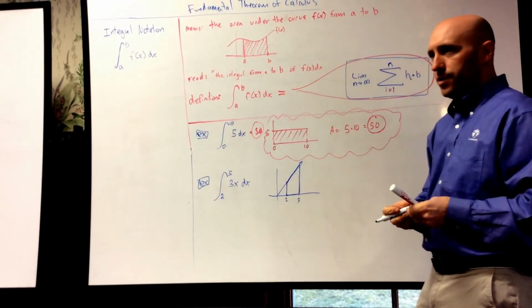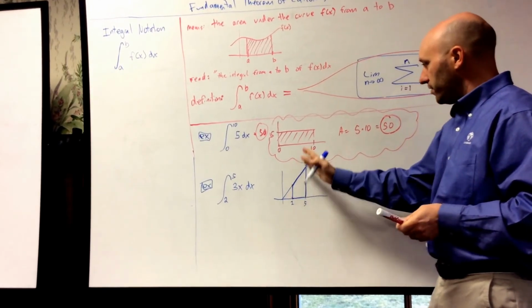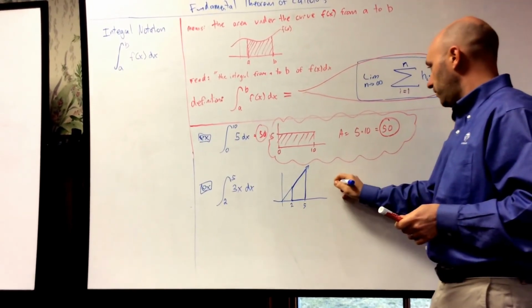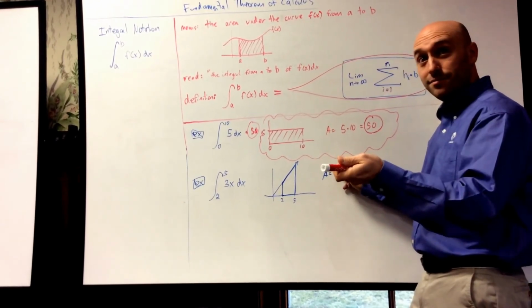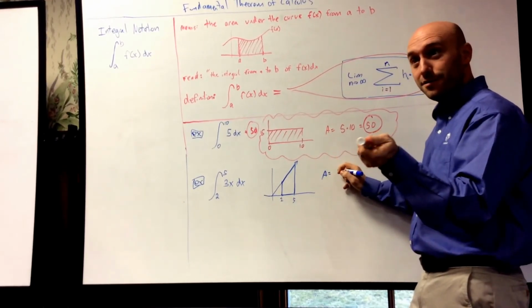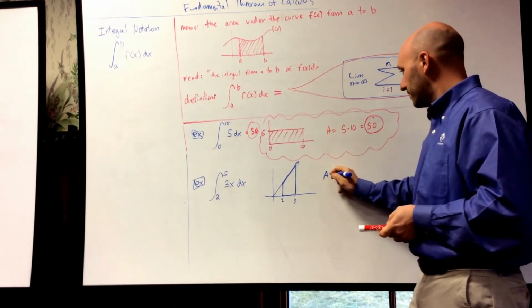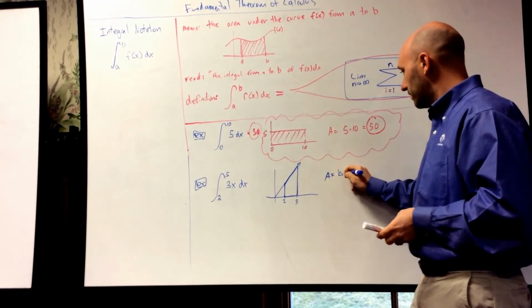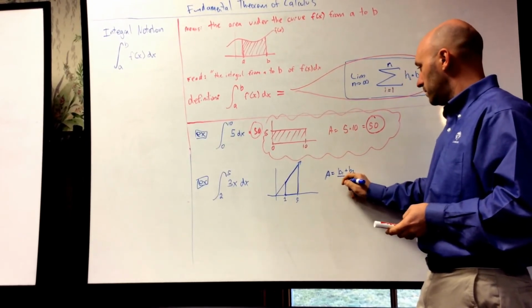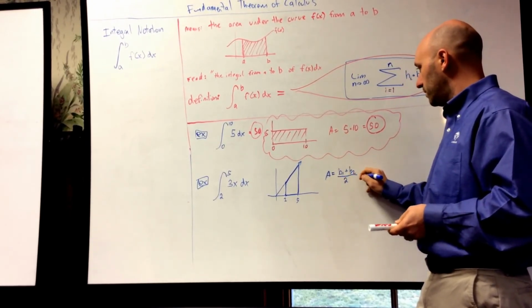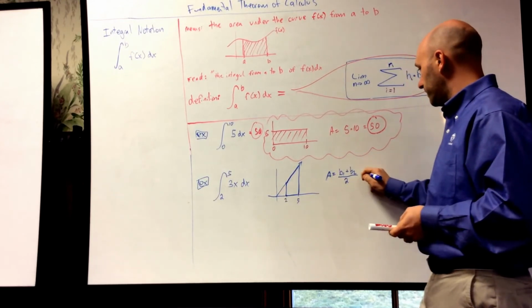The way I remember the trapezoid is it's just the average of the 2 heights, but the formula, in case you forgot, is: if it's the average of the 2 heights, I'd say it'd be height 1 plus height 2, b1 plus b2, divided by 2, times the actual height.